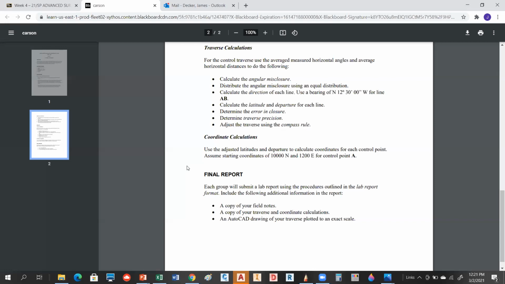Plus, just because you got angles that checked, do you actually know you were specifically right over that point and perfectly level every time? Definitely not. Yeah, see, you don't know that. So there's a lot of things that came into play.